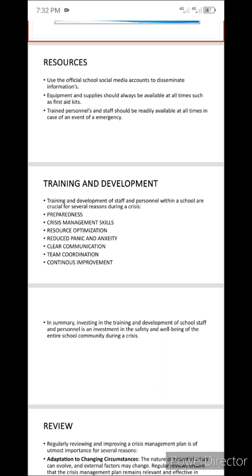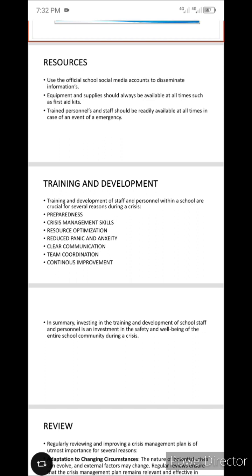Clear communication, so better communication skills. Team coordination is important also, for example na mga crisis management team. It would be a big help if matraining sila for their team coordination.